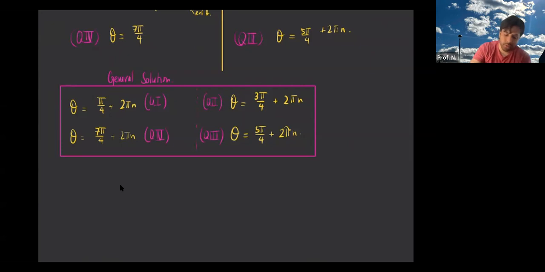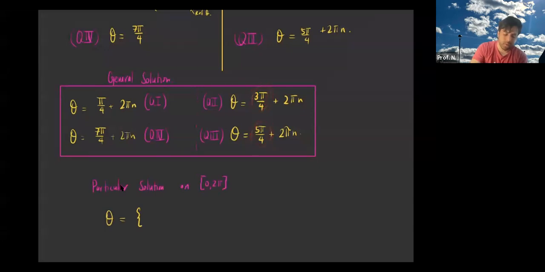So that's the general solution. And if I had to pick a particular solution on the interval from 0 to 2 pi, what are going to be the solutions to my equation? Well, they're the solutions that I found out here.